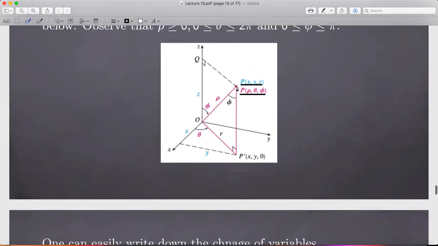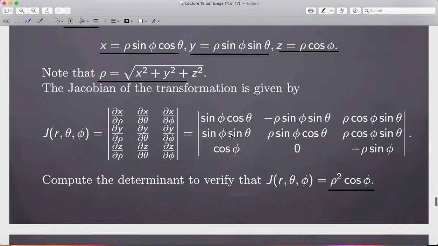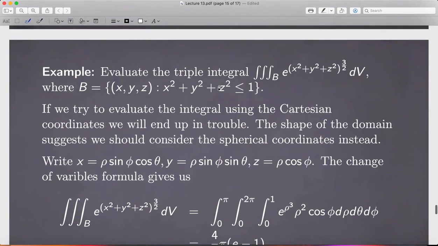When I have something which looks like a sphere, this radial component is going to be the same on the whole sphere of radius, sorry, I should not say r, it's rho. So when a domain has a symmetry around a point which is the origin over here, then this is going to help.